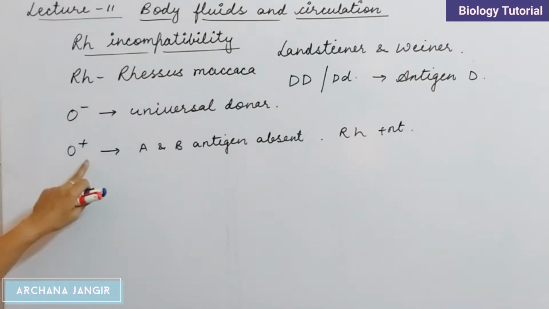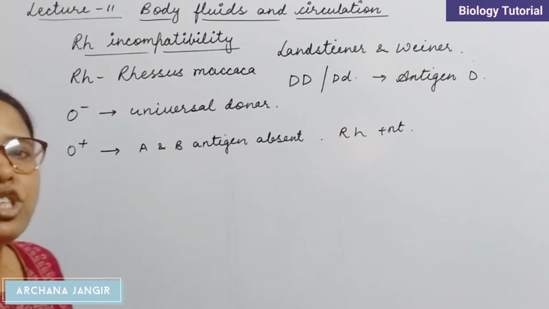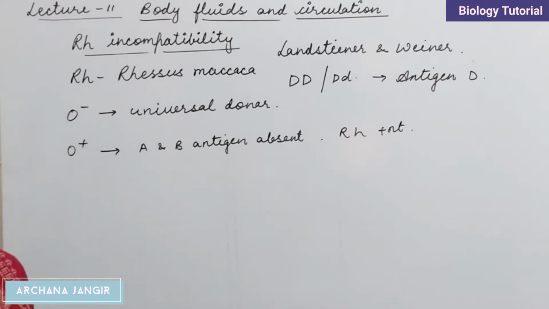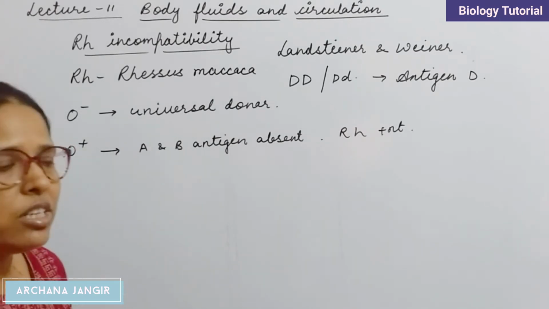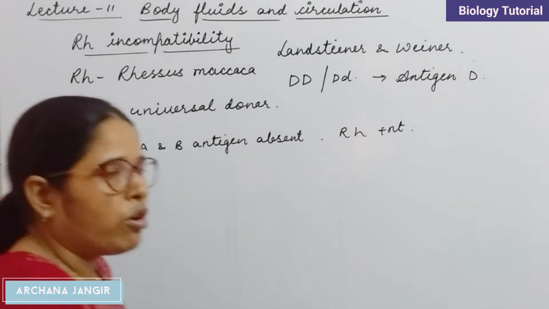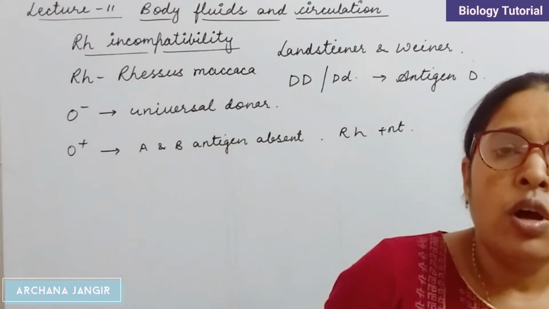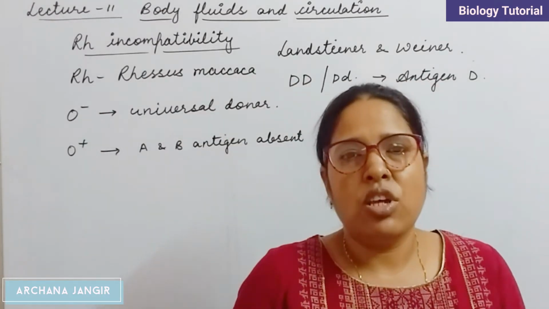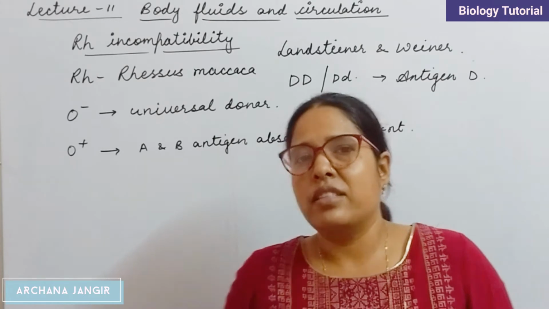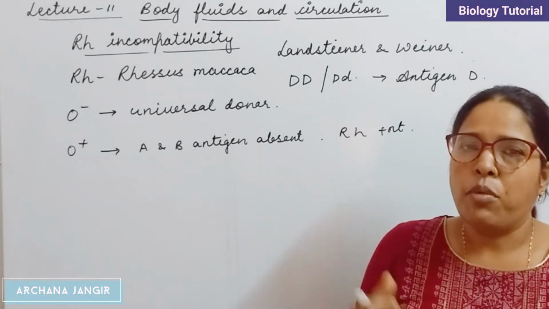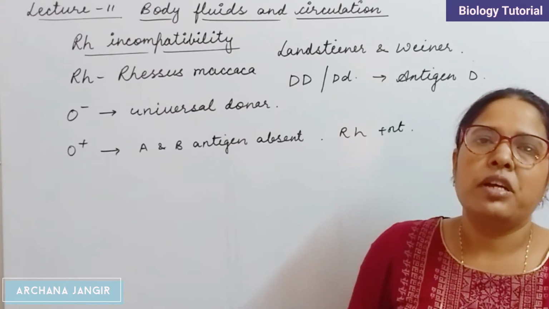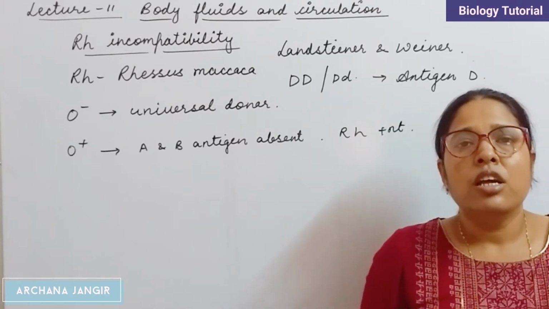So in O positive blood group, RH antigen is present, that's why it is not considered as universal donor. Clear? Because one type of antigen is there, and one more point you have to remember, that is there is no self-defense or the antibodies present against the RH antigen. Clear? In our body there is no antibodies present against the RH antigen.